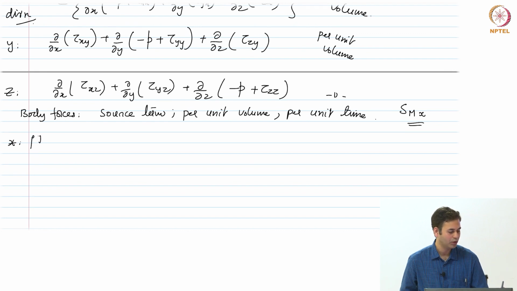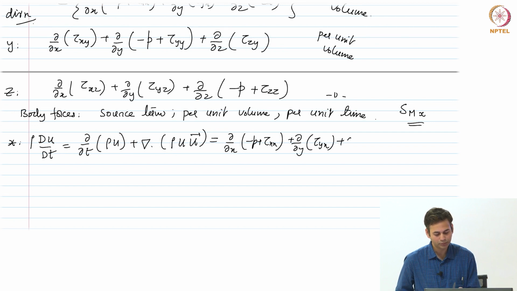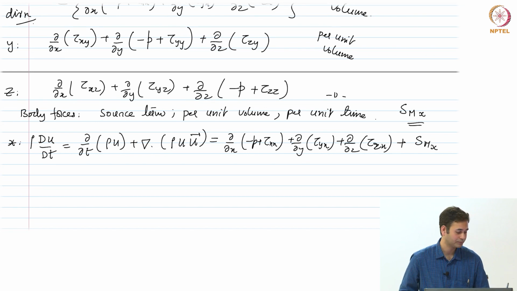That is nothing but rho Du/Dt, which we wrote as partial t of rho u plus del dot rho u bar, right. That is the rate of change of momentum, equals partial x of minus p plus tau xx, plus partial y tau yx, plus partial z tau zx, plus in addition we have this source, which is the momentum source, which constitutes all the body forces that are acting in the x direction, okay.